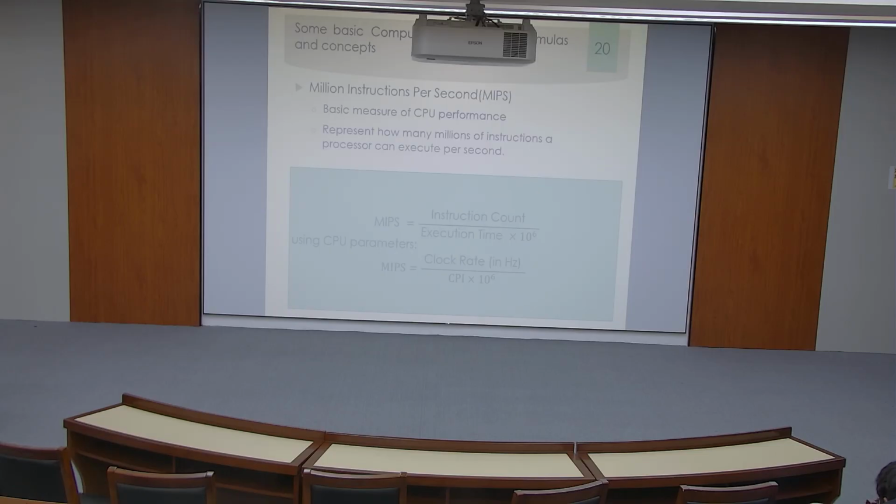This is a basic measure of CPU performance. It represents how many million instructions a processor can execute per second.